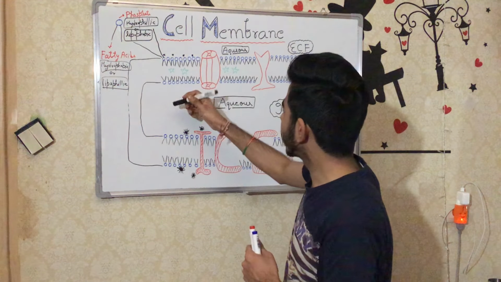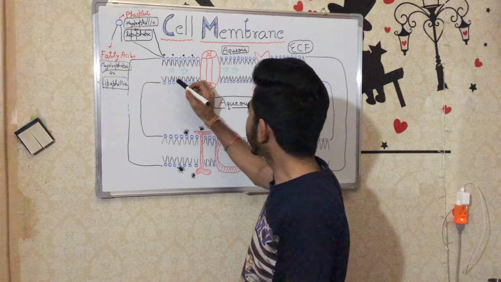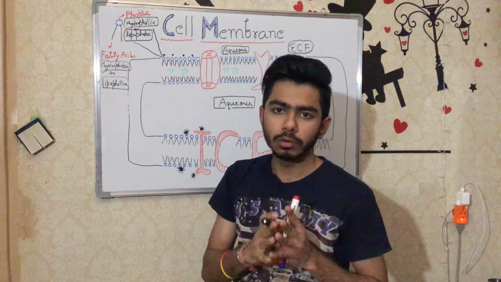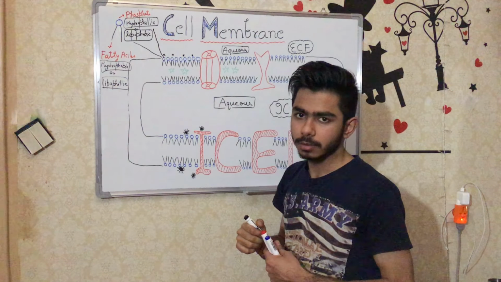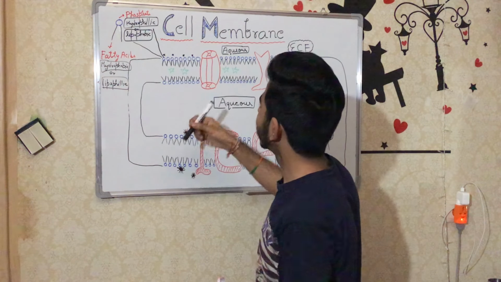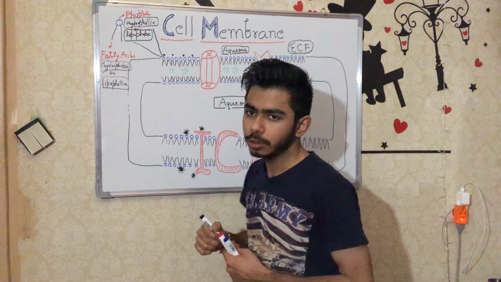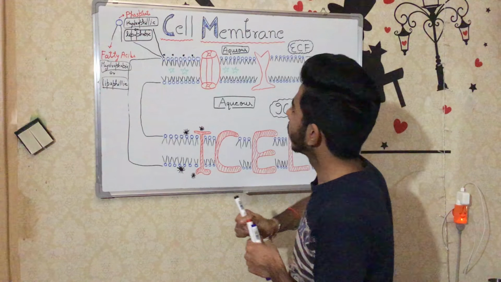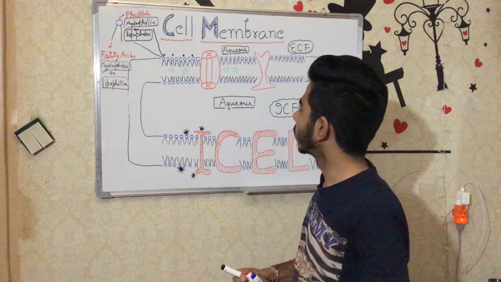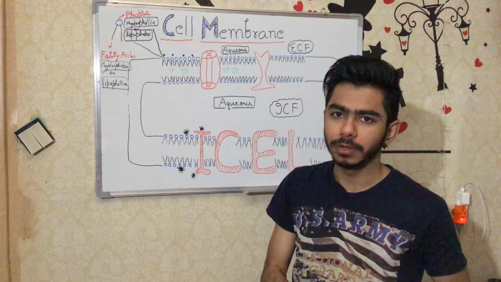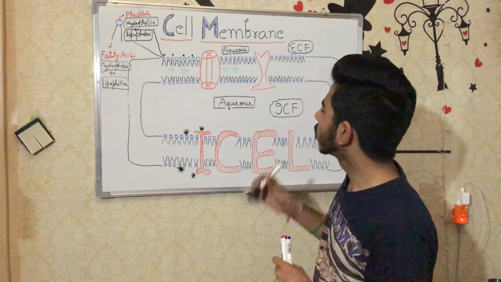That's why, if you focus over here, the fatty acids are away from the water side, away from the aqueous solutions. They are situated in between the phosphate groups. So here you can understand why the phosphate groups are called hydrophilic, because they are towards the aqueous solutions, extracellularly as well as intracellularly, and the fatty acids are hydrophobic or lipophilic. They are lipid loving, not water loving, and the phosphate groups are water loving, not lipid loving.